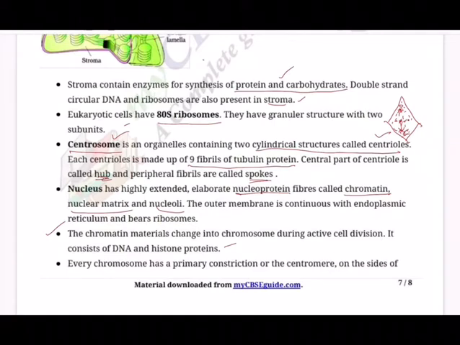Nucleolus is responsible for formation of centrioles, and it plays a great role during cell division. And then of course the all-important chromatin, the hereditary part of the nucleus, is differentiated into heterochromatin and euchromatin.